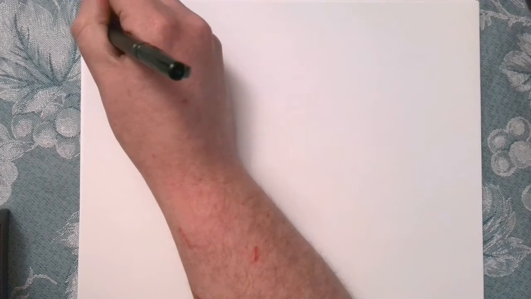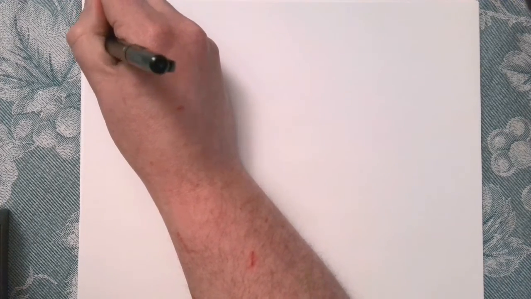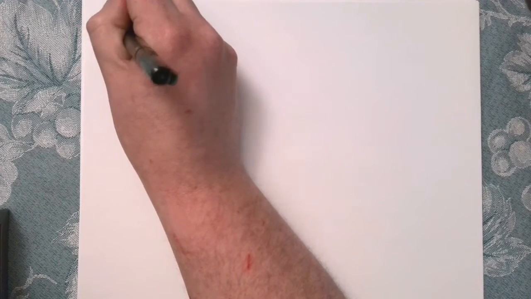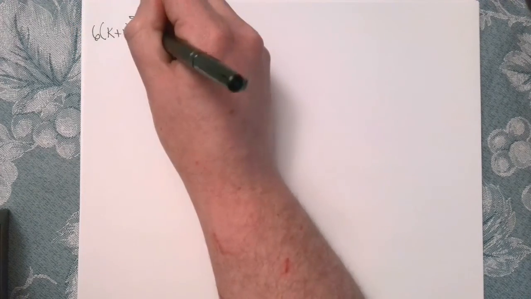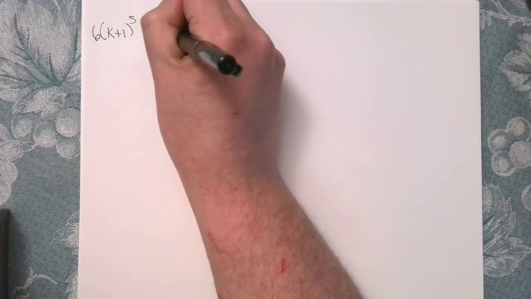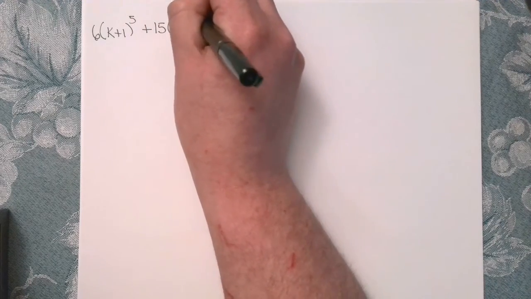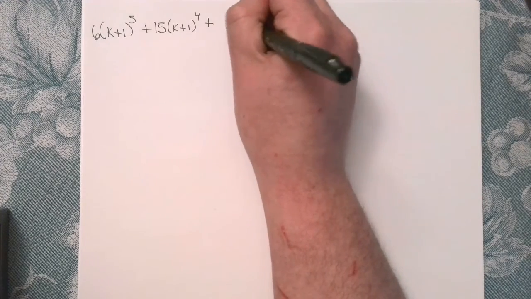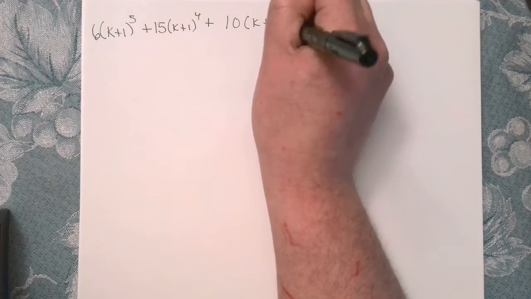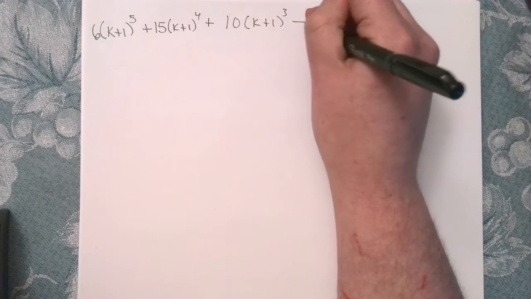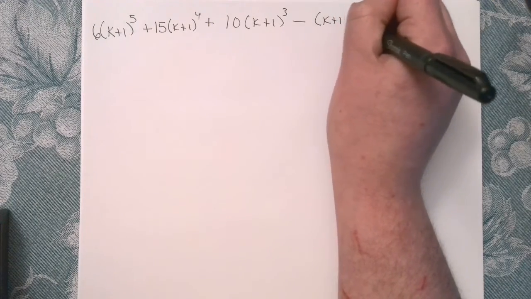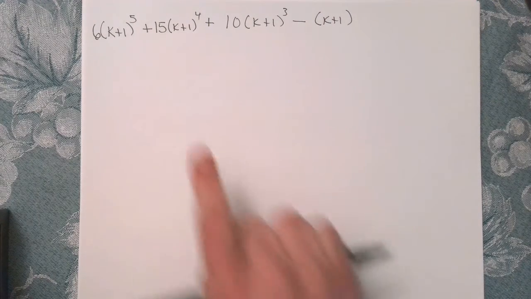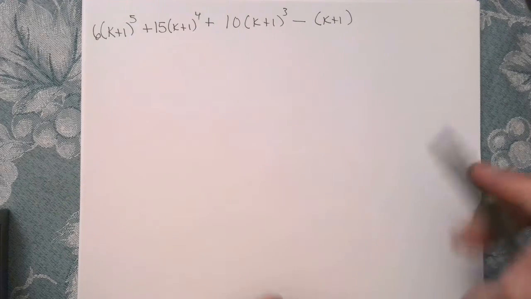All right, so let's see what we have here. We have 6 times k plus 1 to the 5th plus 15 times k plus 1 to the 4th plus 10 times k plus 1 cubed minus k plus 1. So we're going to go ahead and expand this.